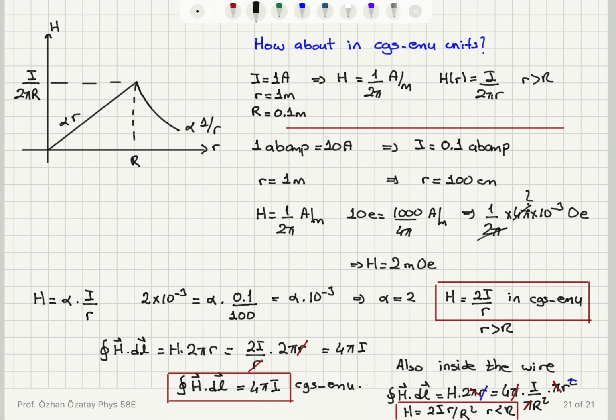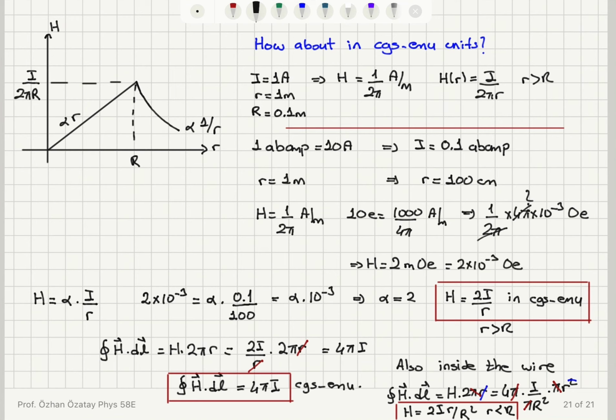The distance of 1 meter is 100 centimeters. The magnetic field strength is 1 over 2 pi amps per meter. Using the conversion, 1 Oersted is 1000 over 4 pi amps per meter, so this is 2 milli-Oersted, or 2 times 10 to the minus 3 Oersted.